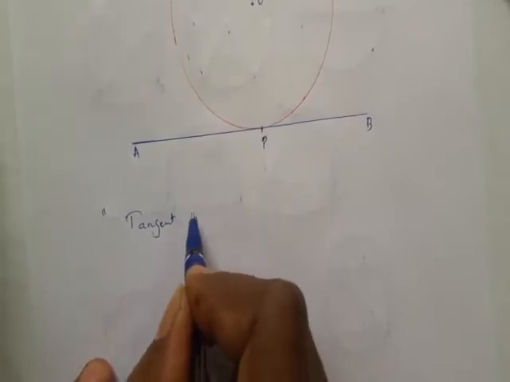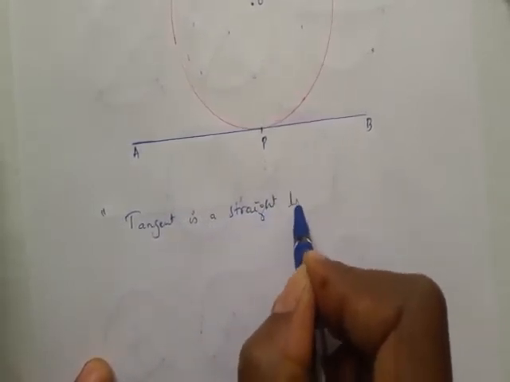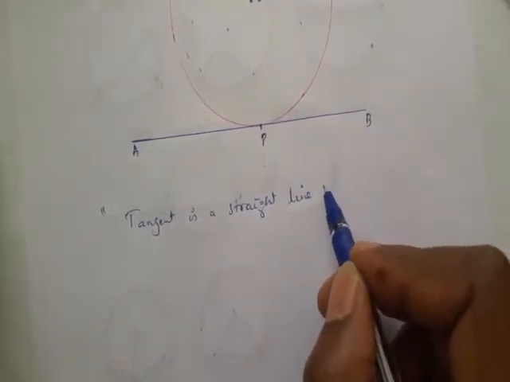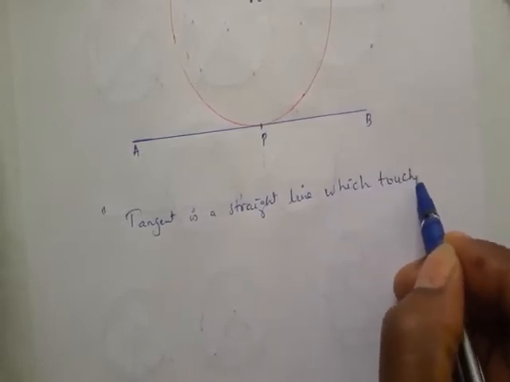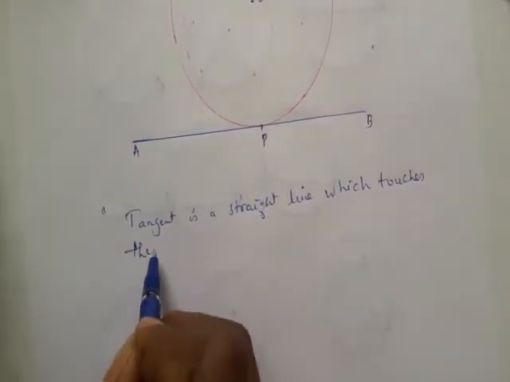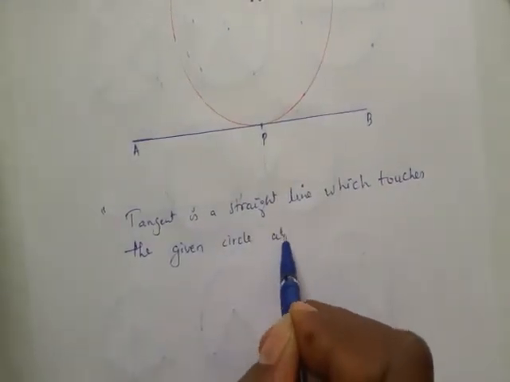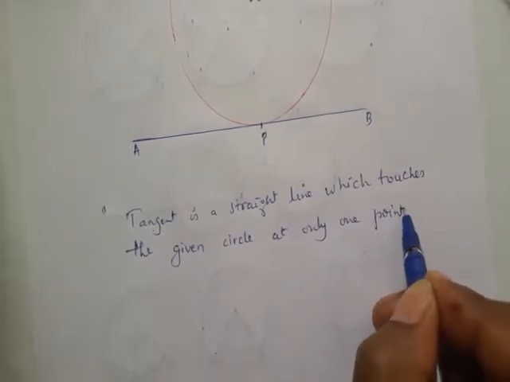Tangent is a straight line which touches the given circle at only 1 point.